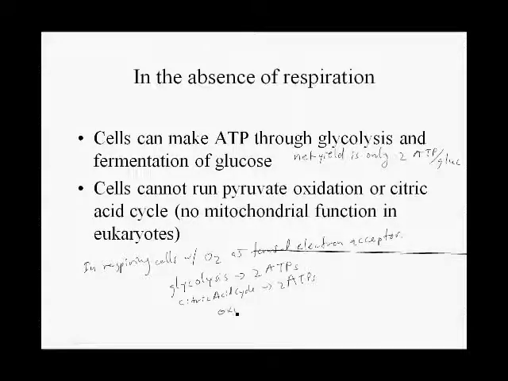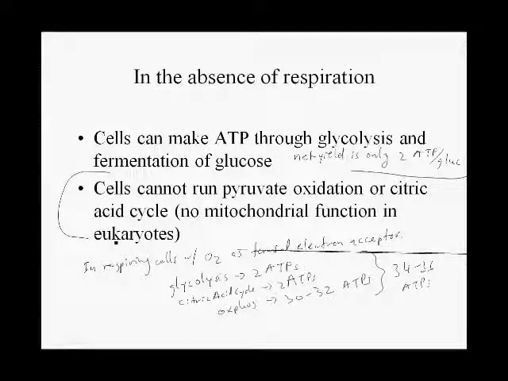And then oxidative phosphorylation yields somewhere between 30 and 32 ATPs per glucose. So the net yield would be somewhere around 4 plus 32, 34 to 36 ATPs per glucose in a cell respiring with oxygen as the terminal electron acceptor. Compare that with just 2 ATPs through glycolysis and fermentation, and you can see why cells have a strong motivation to undergo respiration.